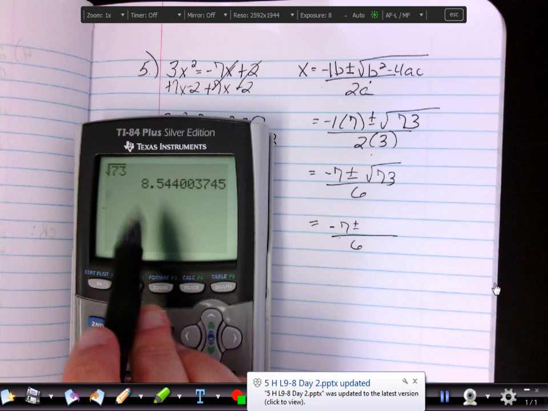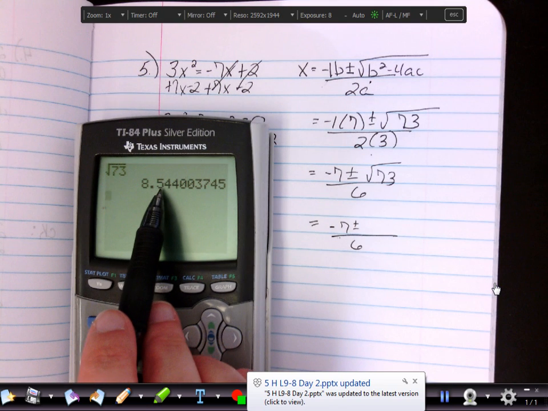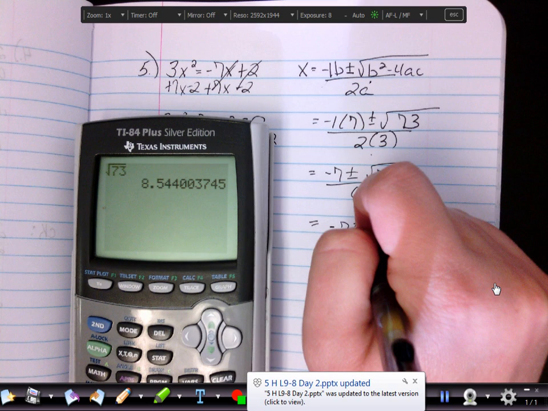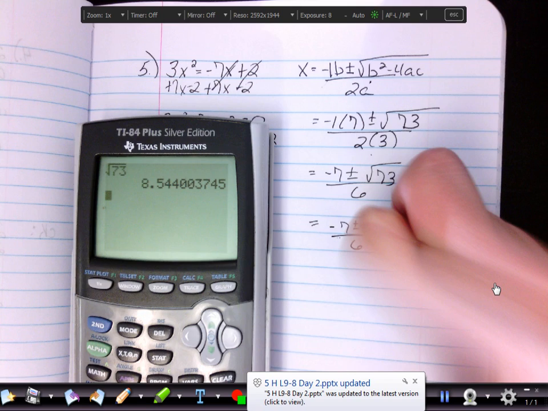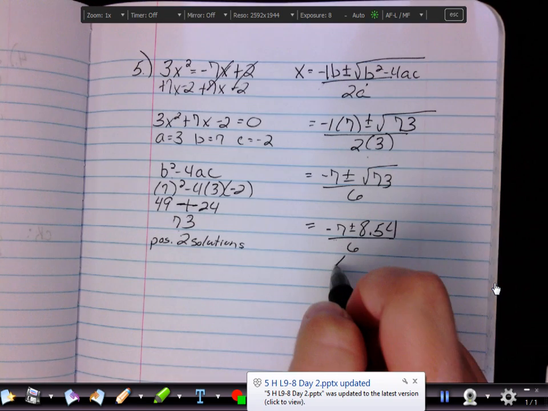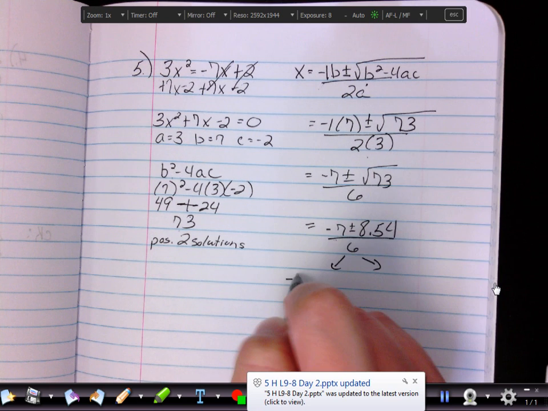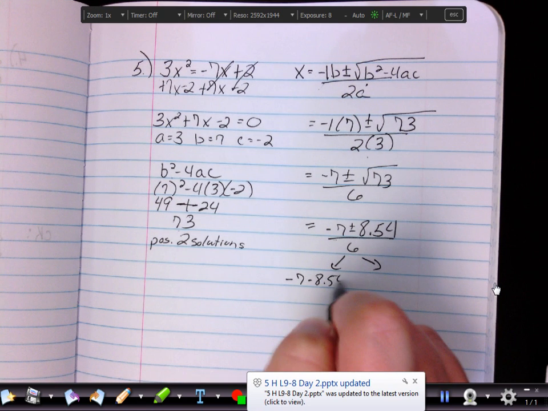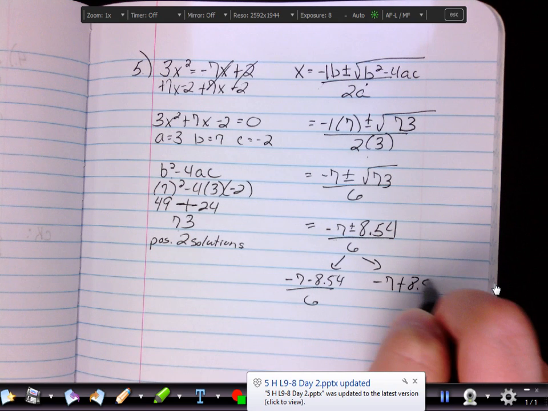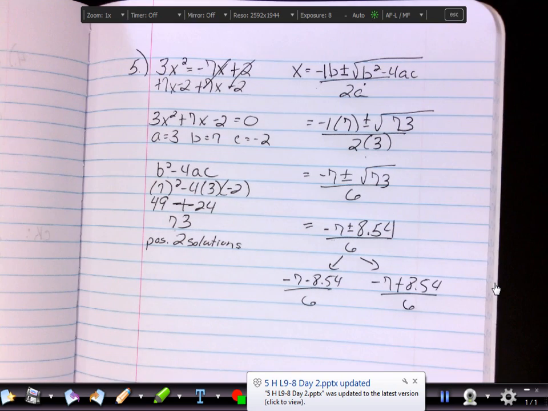So that would be 8.54, because that other 4 makes that 4 stay a 4. So it's 8.54. Then once I get it to here, I'm going to split it up and say negative 7 minus 8.54 over 6, and negative 7 plus 8.54 over 6.